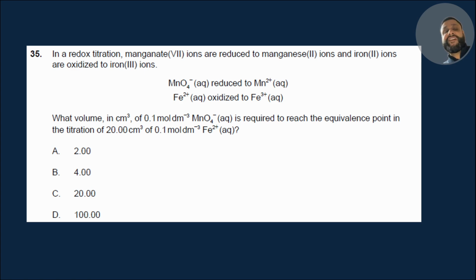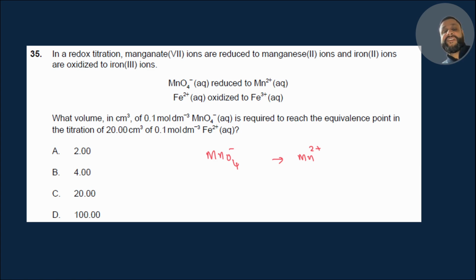To answer this question, we need to write down the overall chemical equation. So let's start first with MnO4-. MnO4- gets reduced to Mn2+.